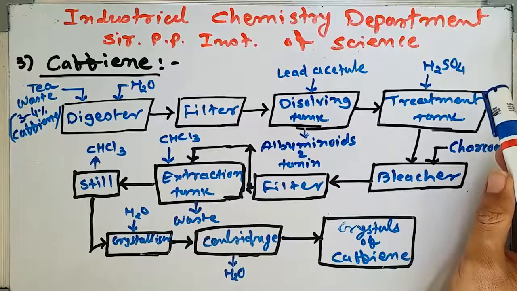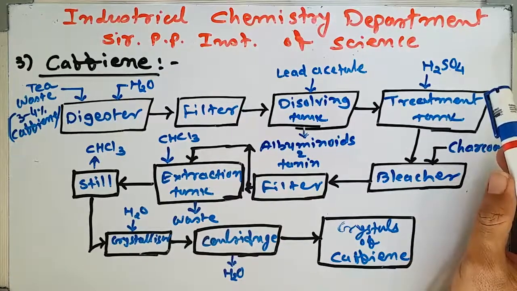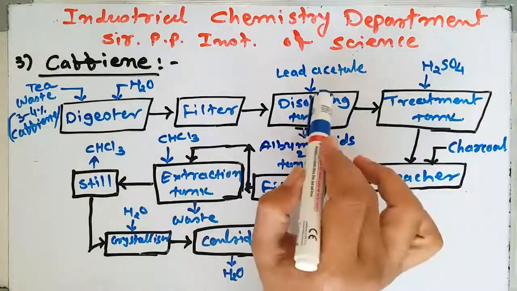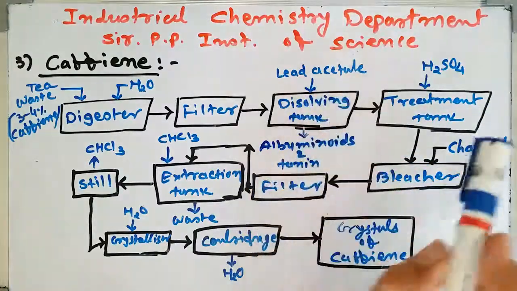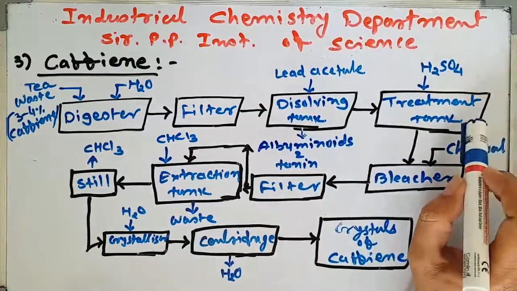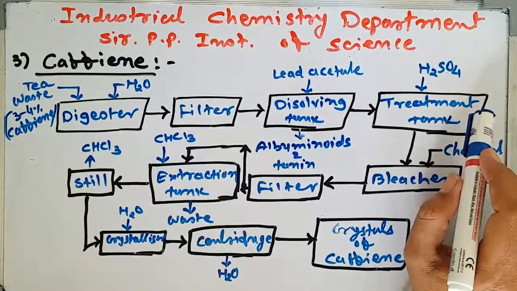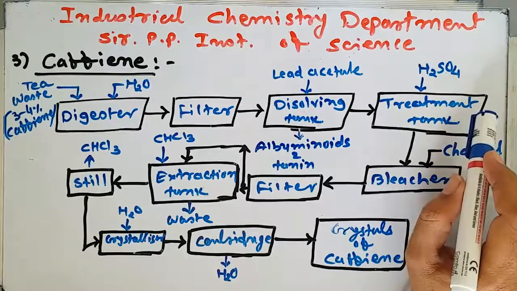Now the clean solution is decanted and treated with sulfuric acid, H2SO4. Here H2SO4 is added to remove excess lead. If any lead acetate is left in the solution, sulfuric acid removes the excess lead.